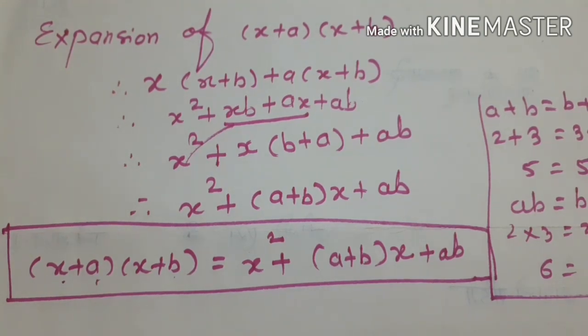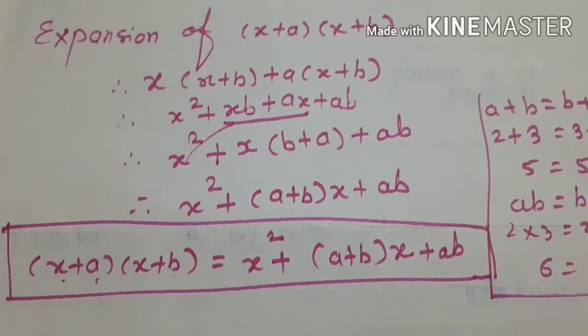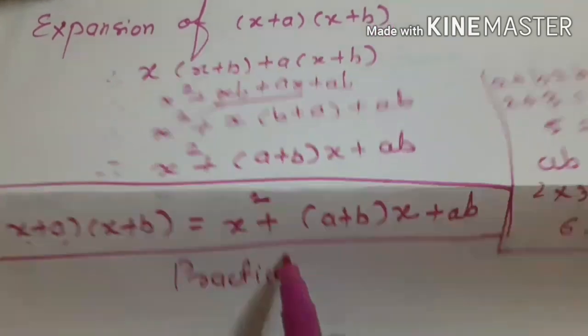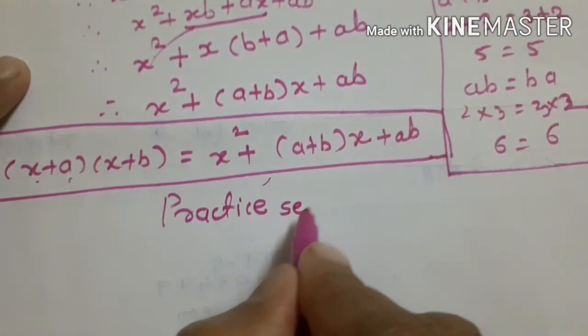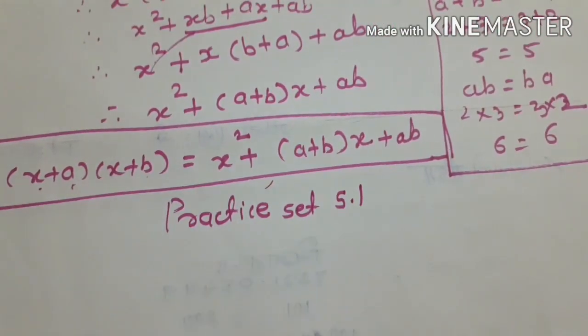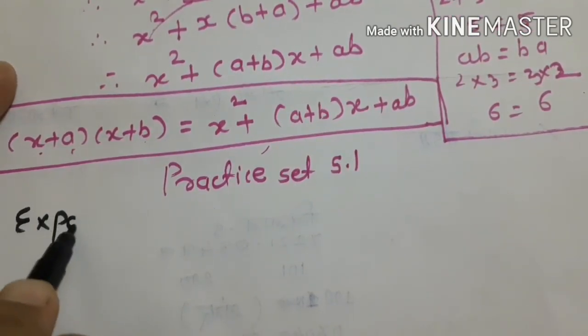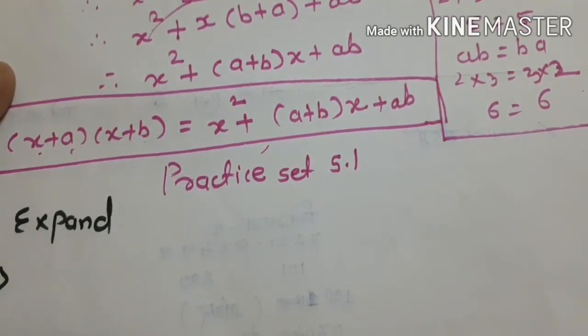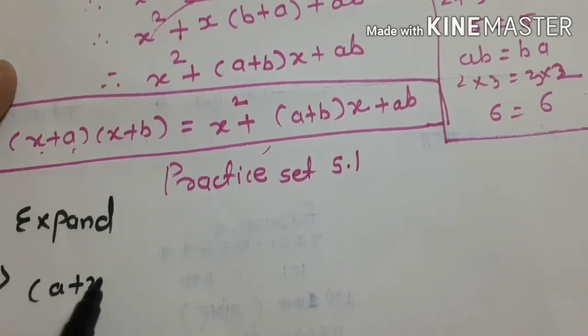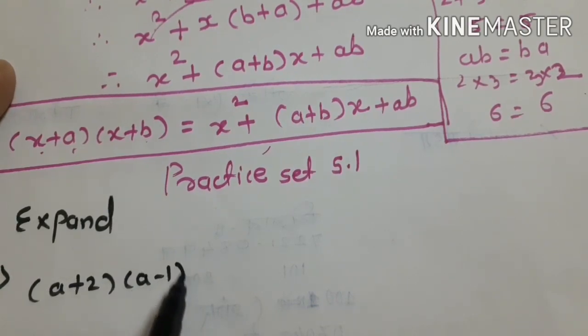Now we solve some examples depending on this expansion. We have given practice set 5.1. Some examples we have given here, page number 24. First example, expand (a plus 2)(a minus 1).